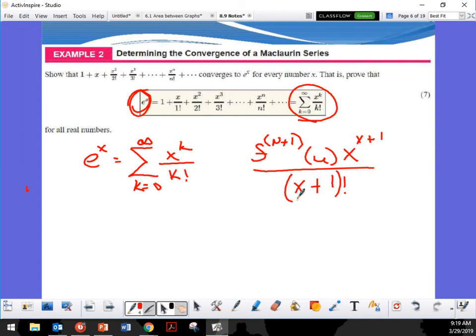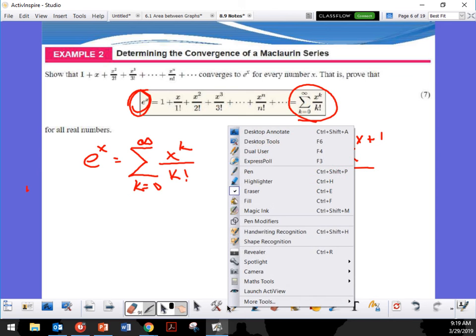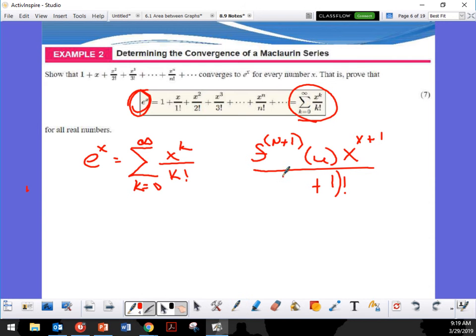All right, previous slide. Yes, you're right, n plus 1. I'm sorry. N plus 1 factorial. There we go. All right, so that thing right there.